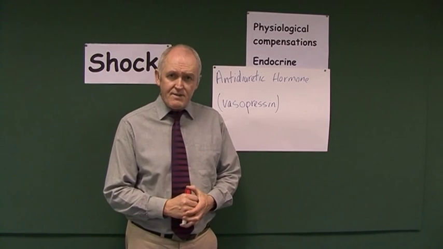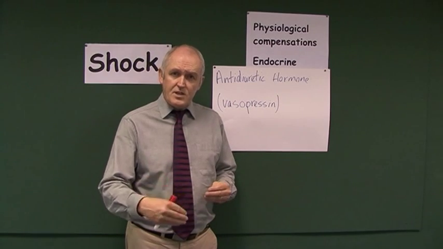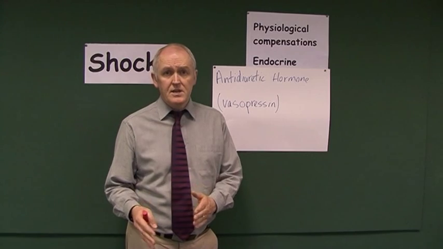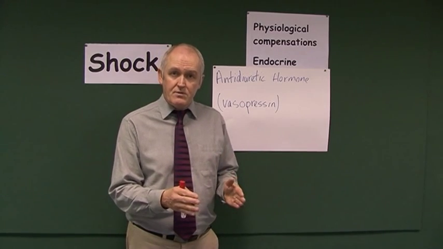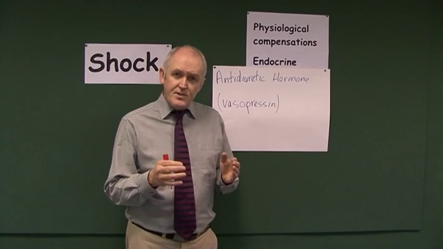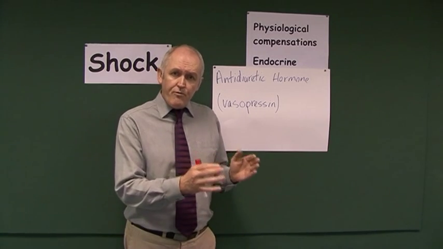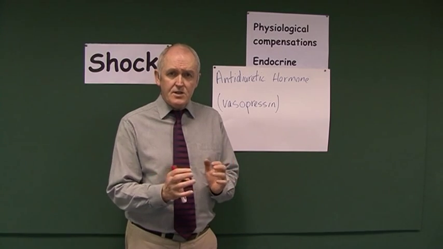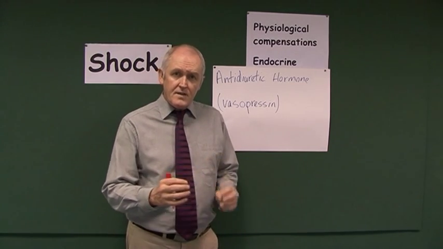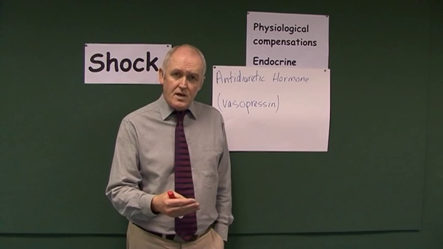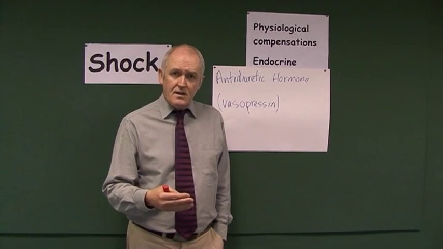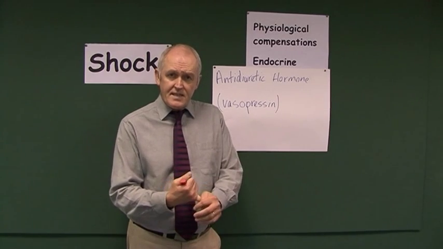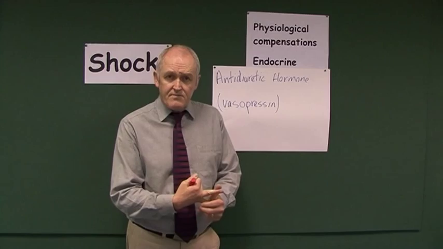Another is the antidiuretic effect. Anti, of course, is the opposite of a diuretic. A diuretic will increase urine volumes, an antidiuretic will decrease urine volumes. And because the urine volumes are decreased, more fluid is preserved in the blood. That's going to help to conserve intravascular volume. That's going to increase preload to the heart by increasing venous return. So two mechanisms there, the antidiuretic effect and the vasopressive effect.